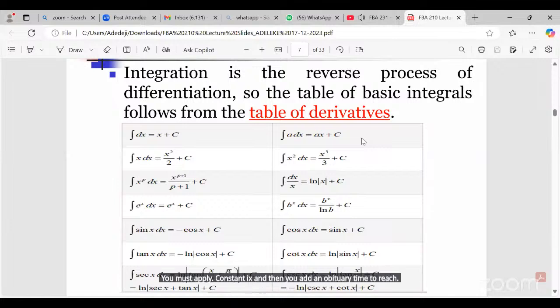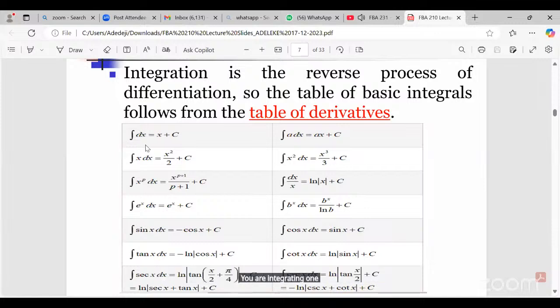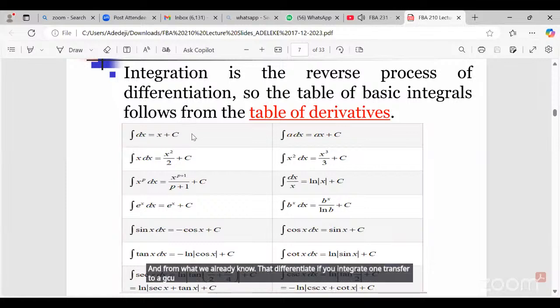Remember, you are reversing the function. So the first one, the constant here is 1. Now you are integrating 1 with respect to x. The 1 need not be written. And from what we already know, if you integrate 1 with respect to x, it gives you x plus the arbitrary constant c.